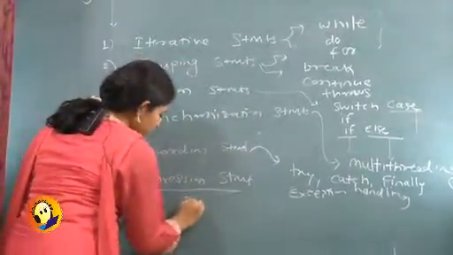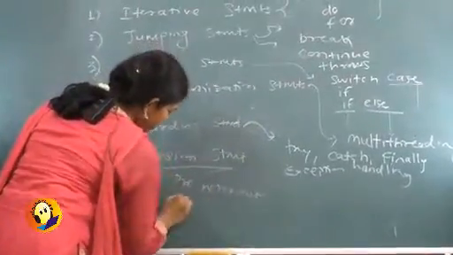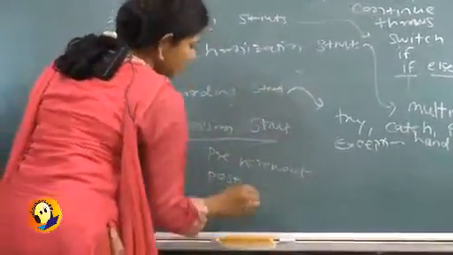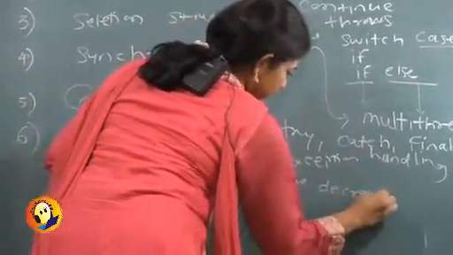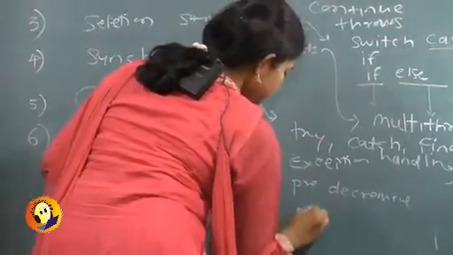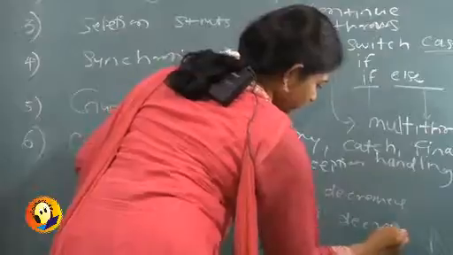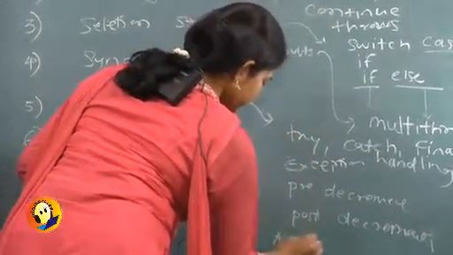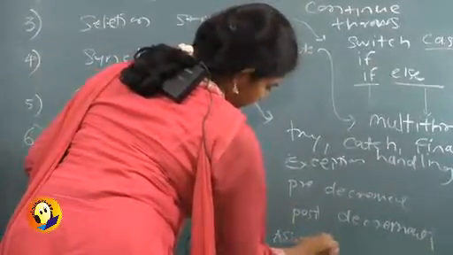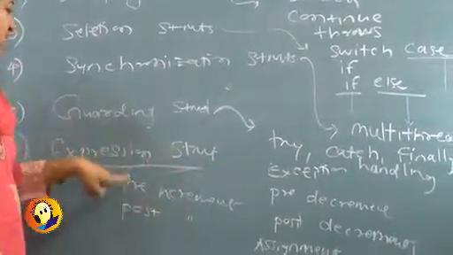That can be pre-increment, post-increment, pre-decrement, post-decrement, any assignment, or any method call. So these are various expression statements.